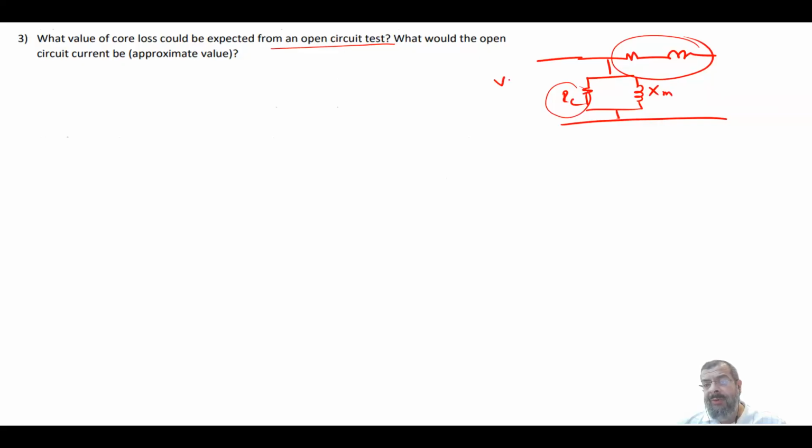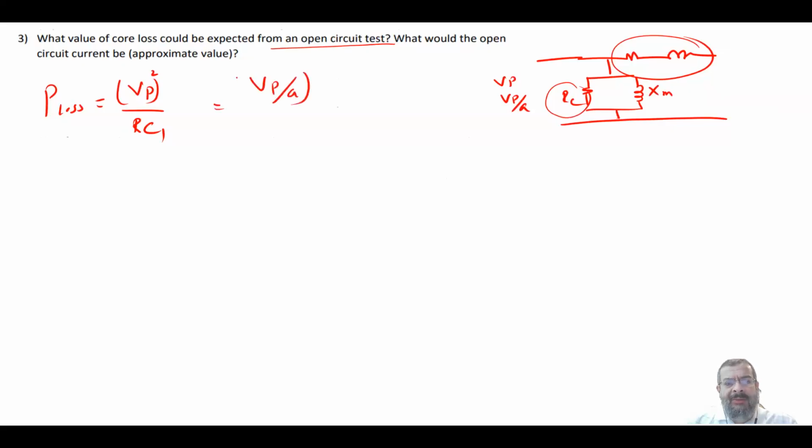So the voltage here is either V primary or V primary over a. So the P loss is equal to either VP squared divided by RC1, or (VP over a) squared divided by RC2.